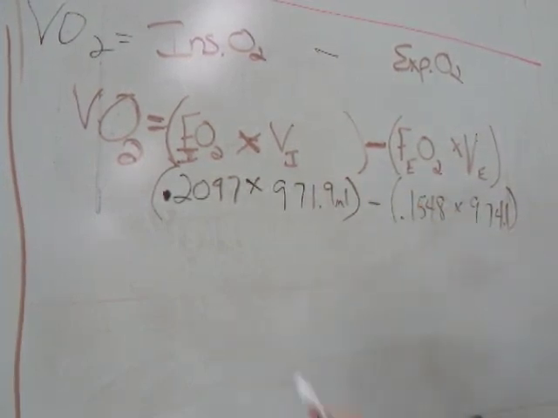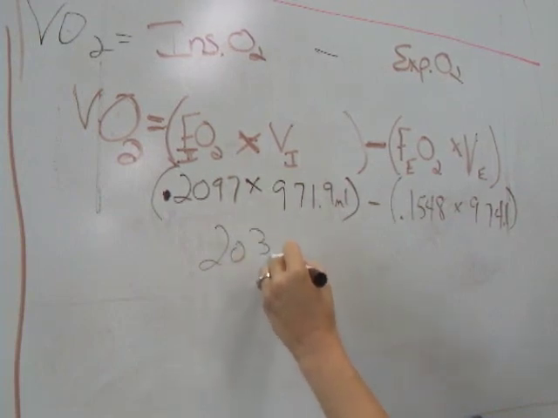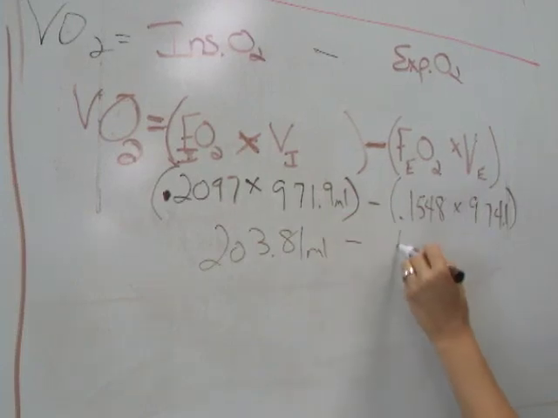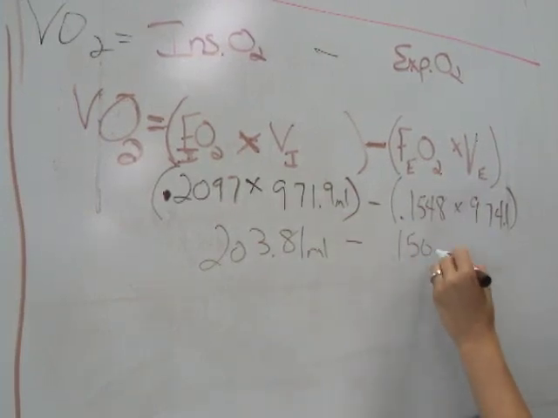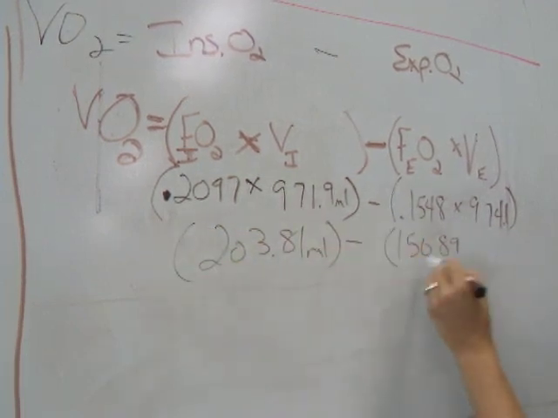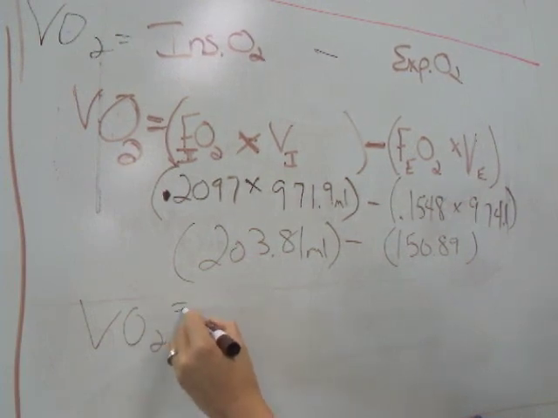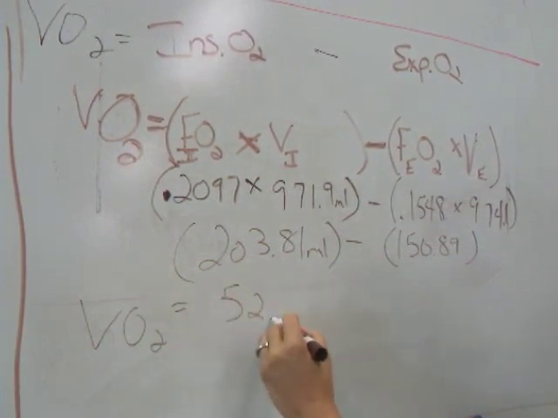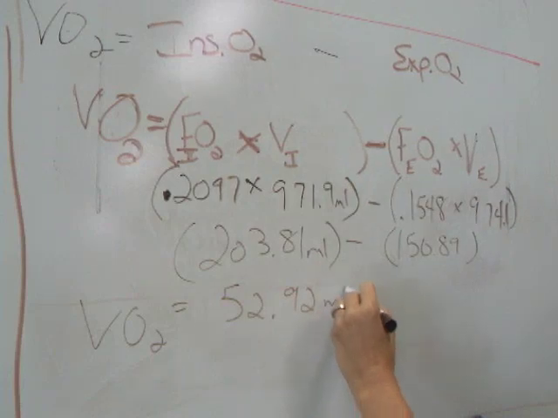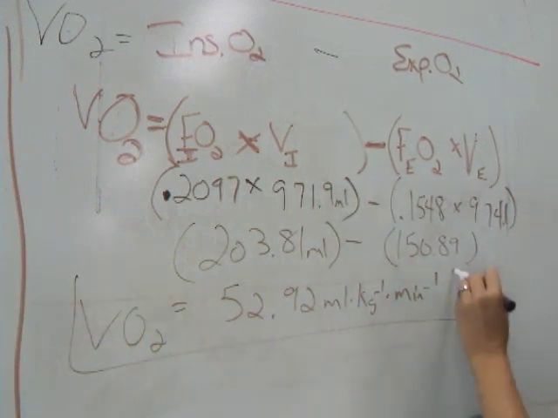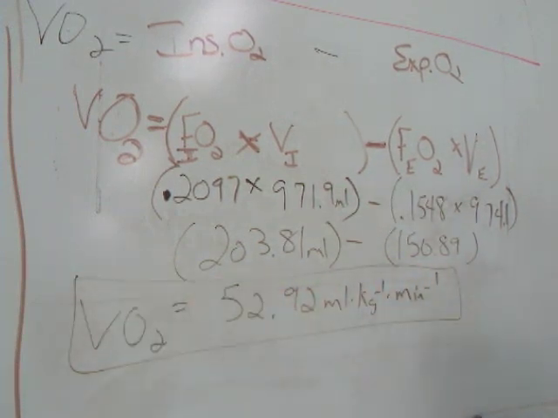After you do those calculations, you get 203.81 milliliters, minus 150.89. Continuing down, what you get for oxygen consumption is 52.92 milliliters. We already know that it's per kilogram per minute. So that is how much oxygen your subject consumed.